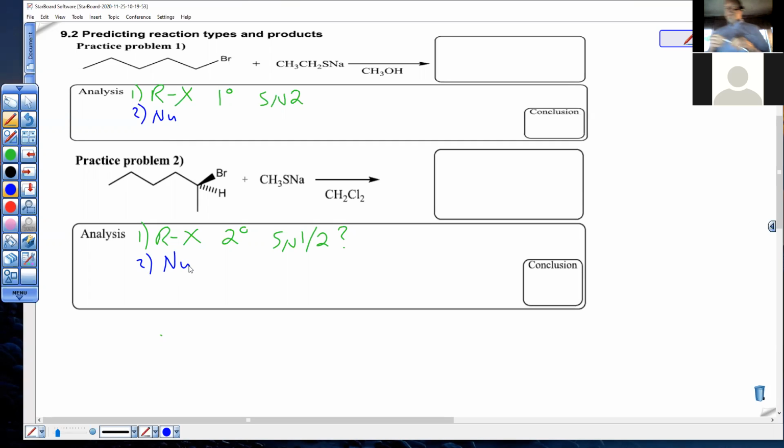They are moderate: neutral nitrogen, neutral sulfur, or carboxylates. Those are moderate. Or they are poor: neutral oxygens. This is RS minus, ethyl S minus. That's strong. And the same category down below.